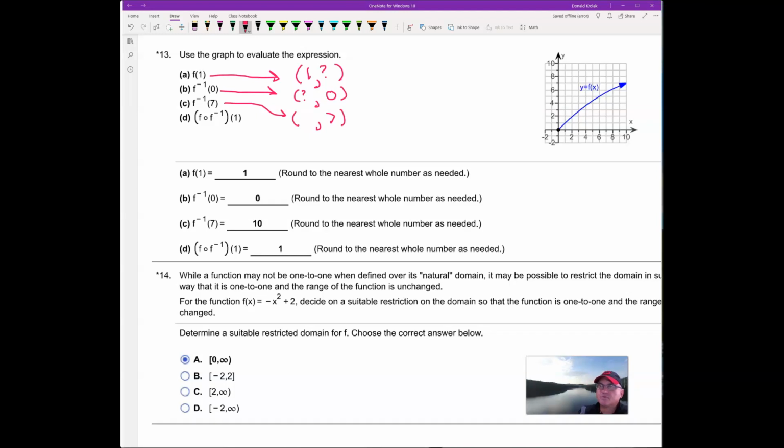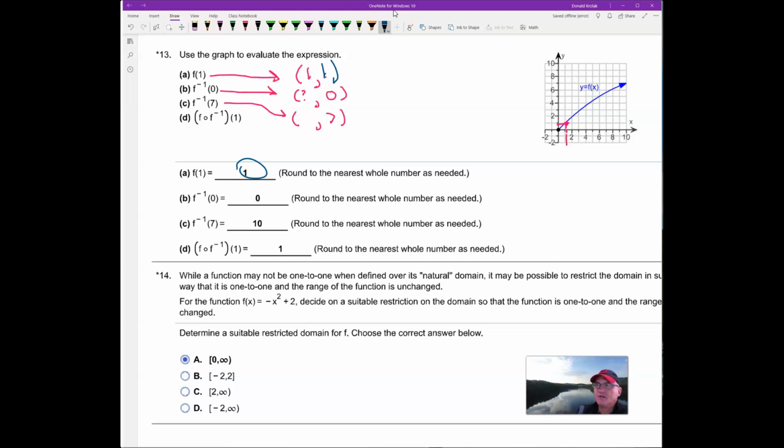Okay, so the first one is we just go to x equals 1. And where does it touch the graph? And the y coordinate at that point is 1. So that's the first one here.